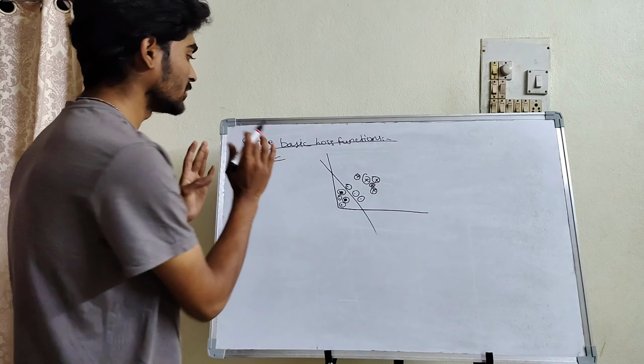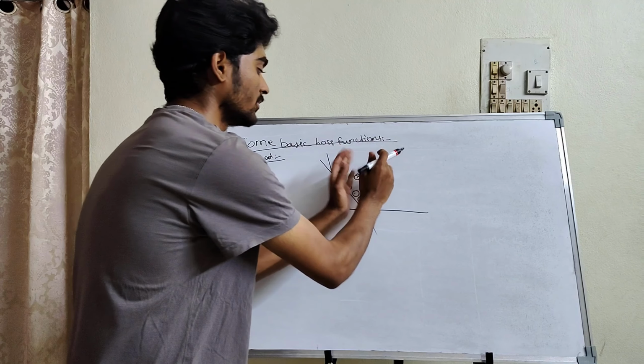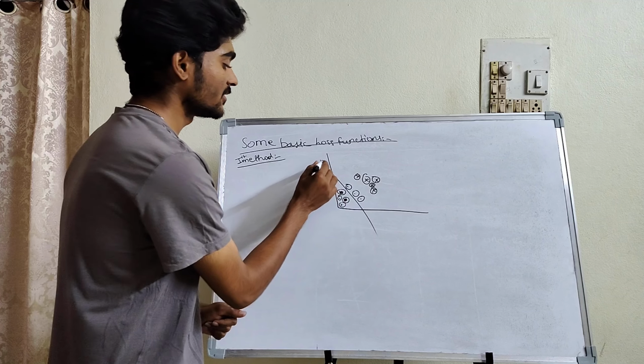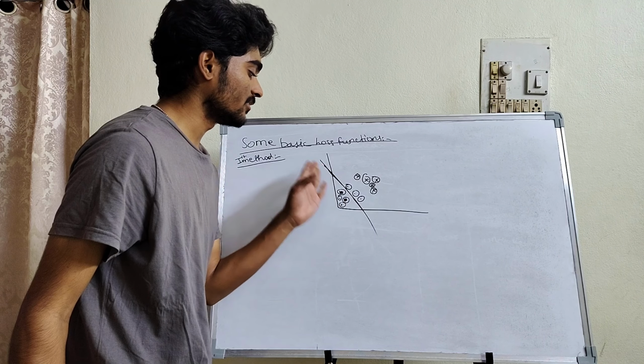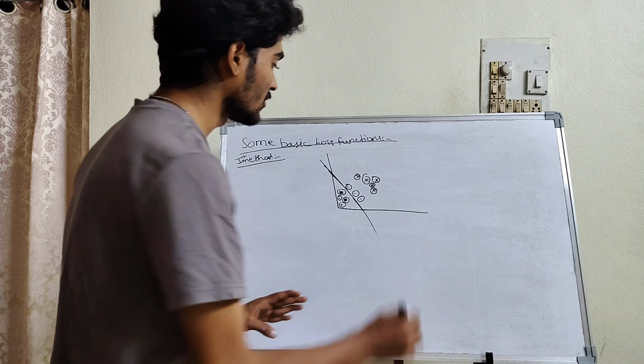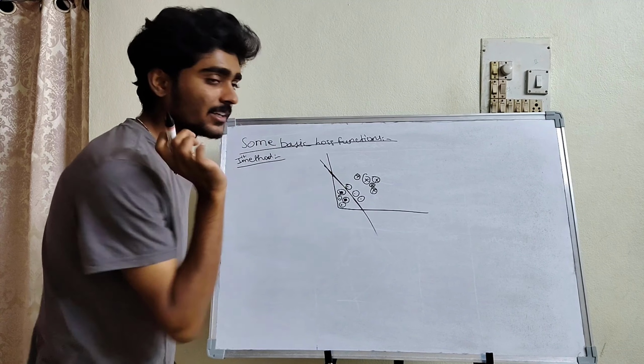The first method: this is the data set, these are some set of data points. Let's say at some stage of training your model resulted in this binary classifier line. In the first method, we calculate the loss by determining the number of misclassified points.